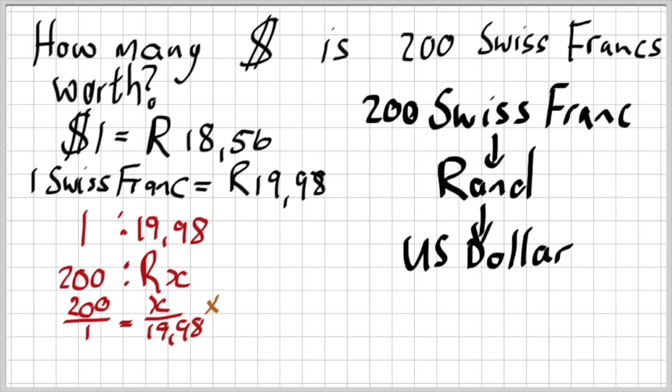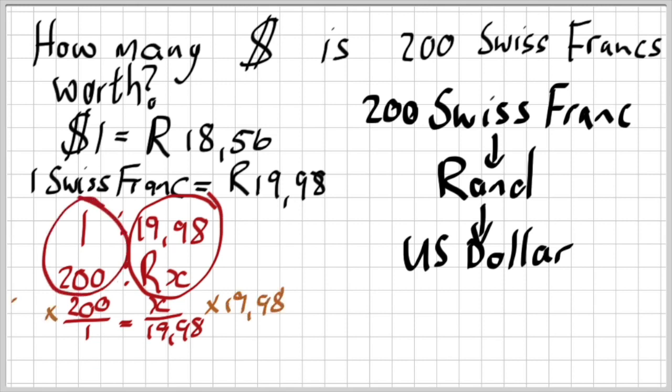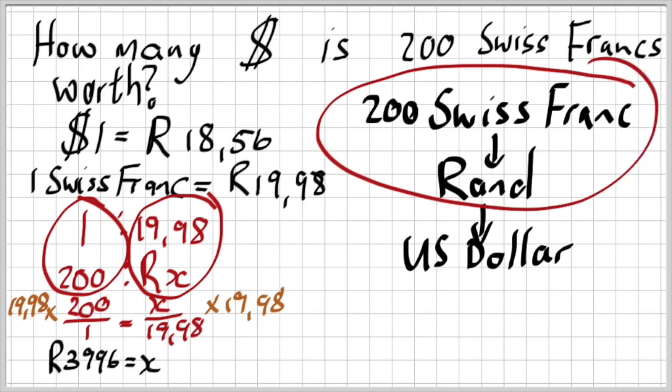Remember, I set up my fractions like that. Now I can multiply both sides by the 19,98, which gives me that the 200 Swiss francs is 3,996 Rand.